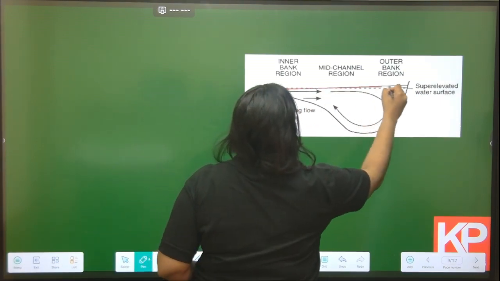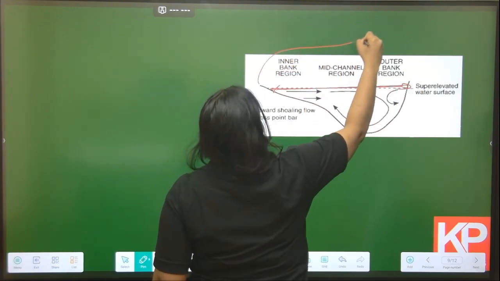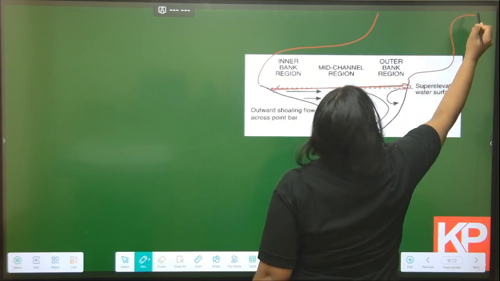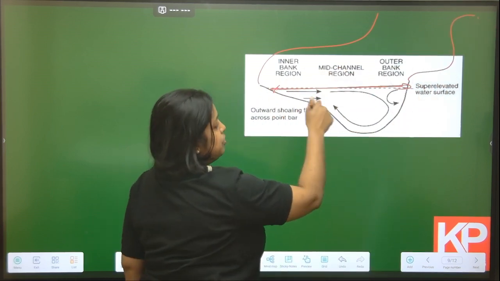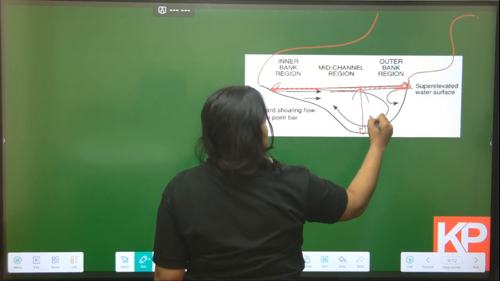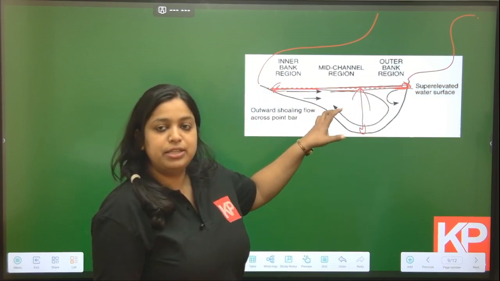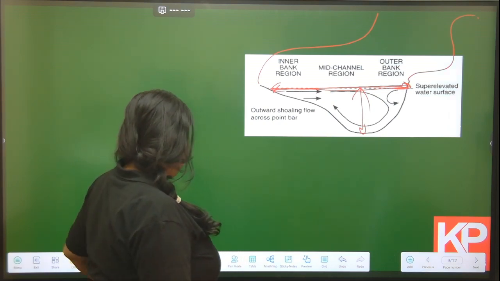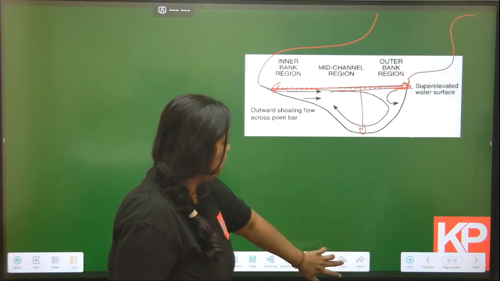So this is the width of the channel. Imagine the river course goes in this particular way. This is the cross sectional view. This is the width of the channel and this is the depth of the channel. So if I take the ratio, that is the width to depth ratio, which is defined over there.